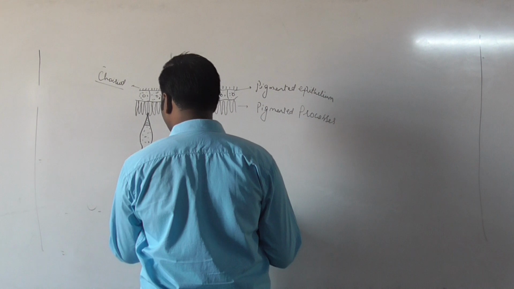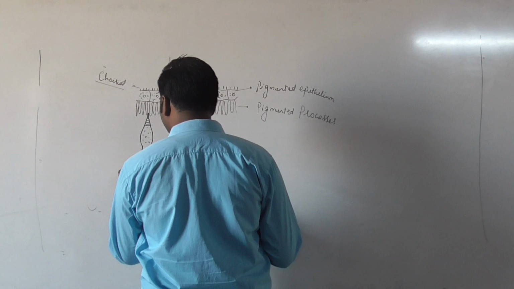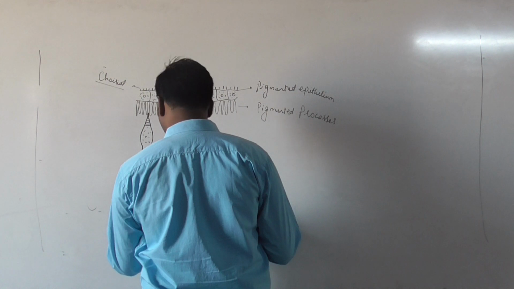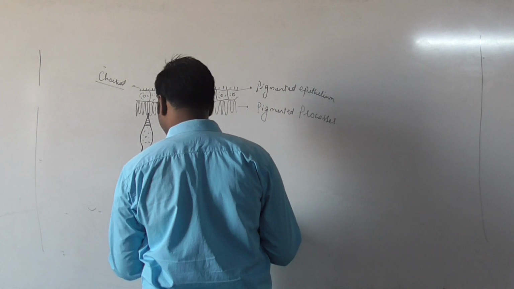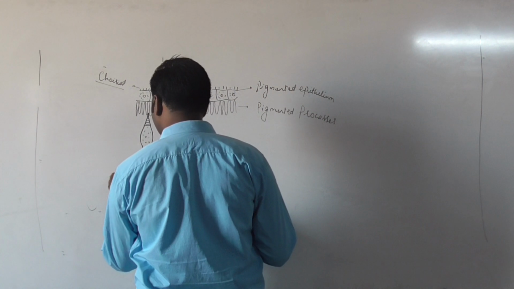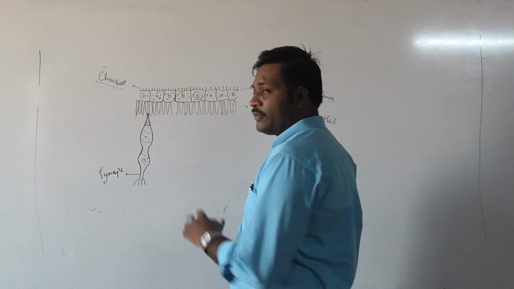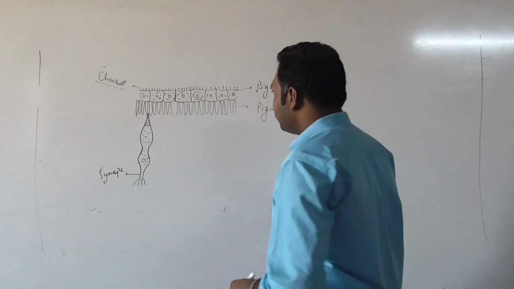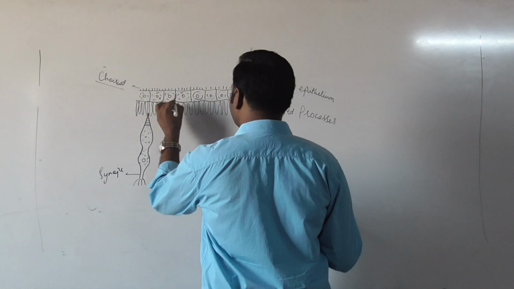Here the nucleus can be drawn, around which there is a dense cytoplasm, and this is a synapse. In the very beginning of this chapter we have discussed the synapse. Synapse is a place from where the impulses are transmitted, right? So here also whatever impulses or the light which is being sensed, here again we will draw one more.